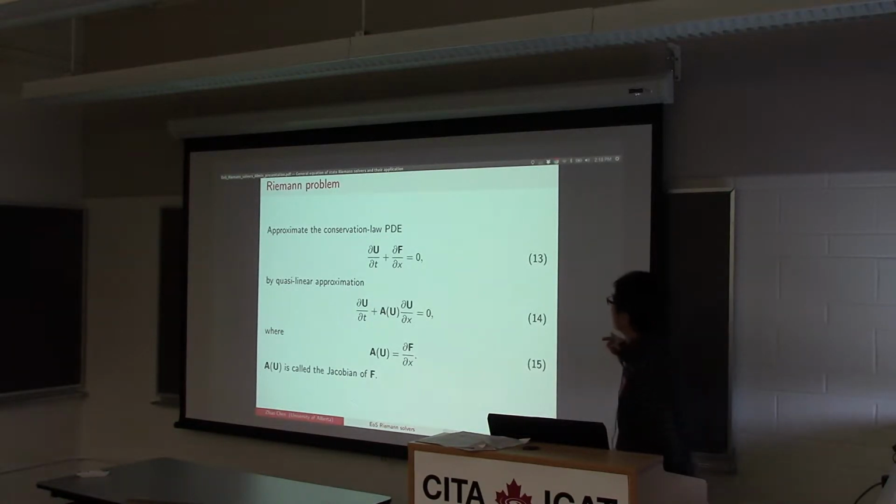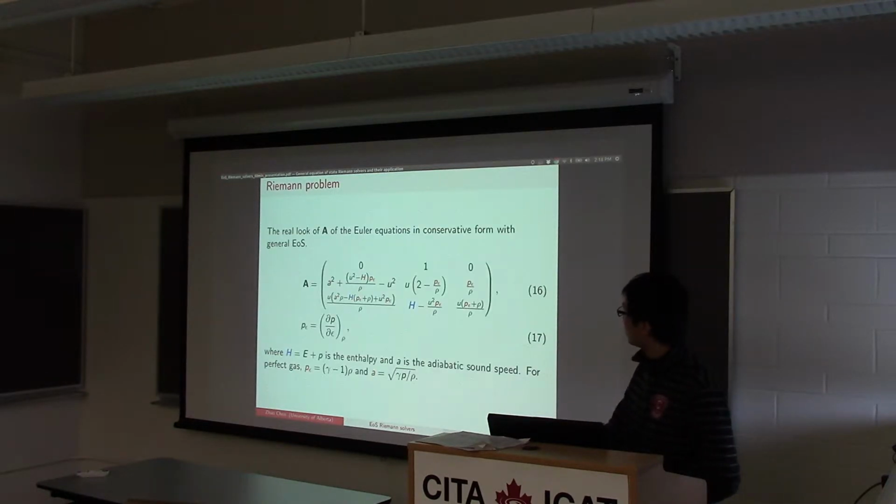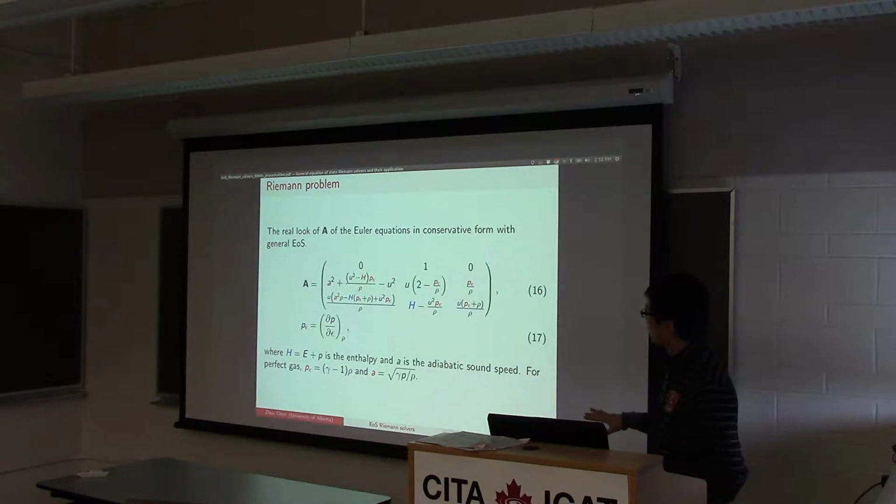If we have a conservation law of this type, and we take the gradient of flux, we call it the Jacobian of flux F, then we study how the Jacobian behaves to classify the type of the PDE. A real look of the Jacobian of the Euler equation is listed in equation 16.